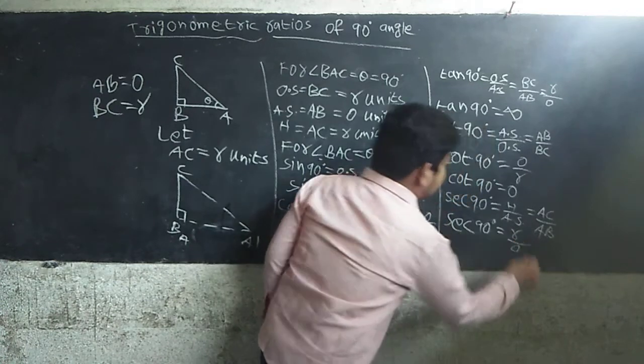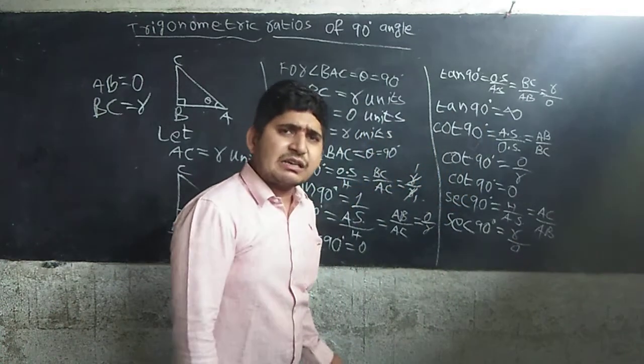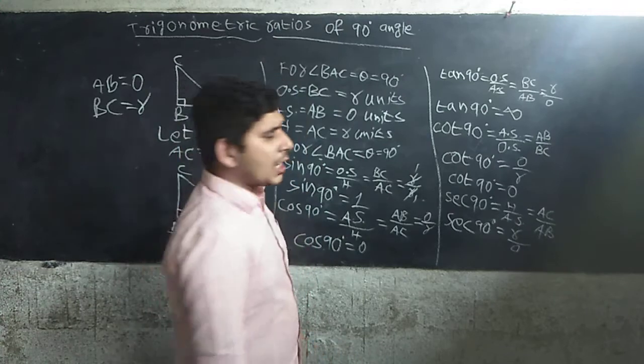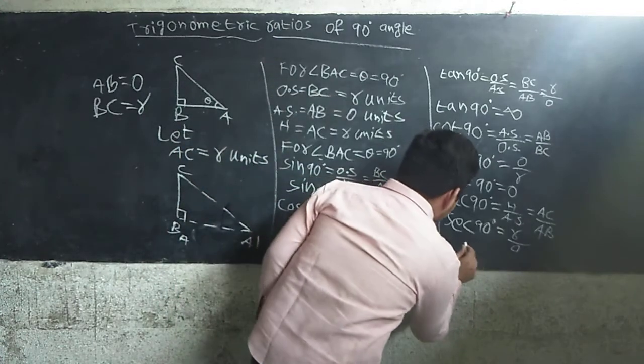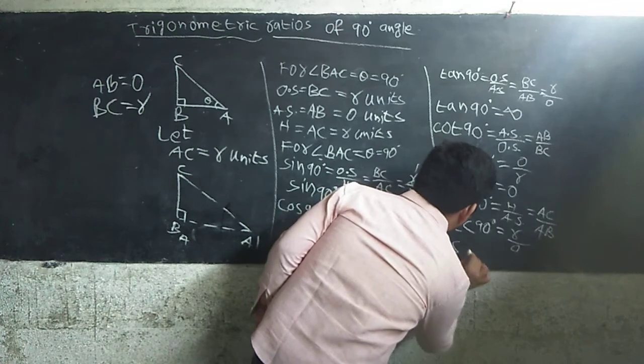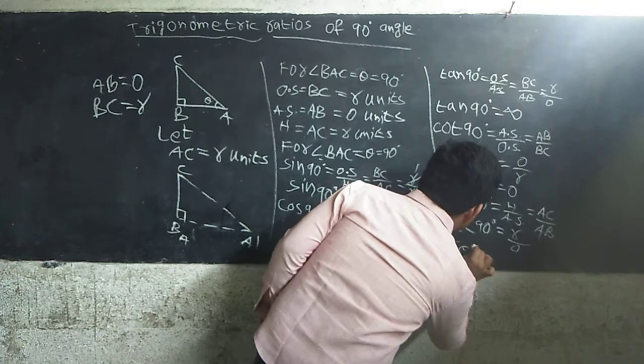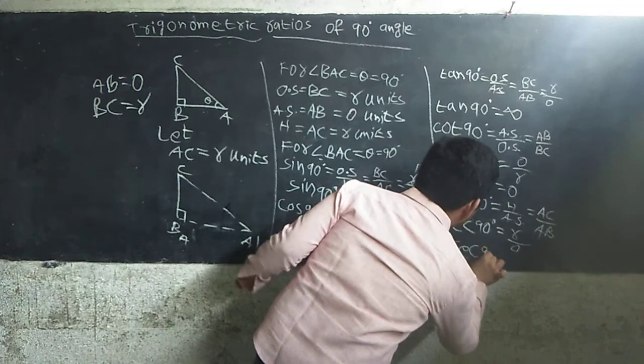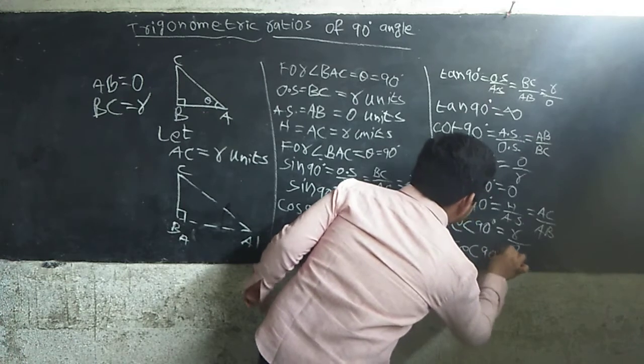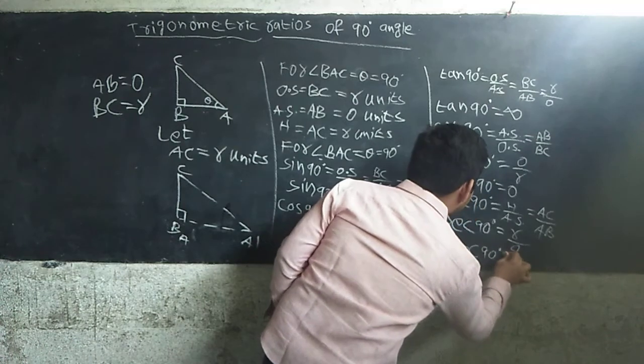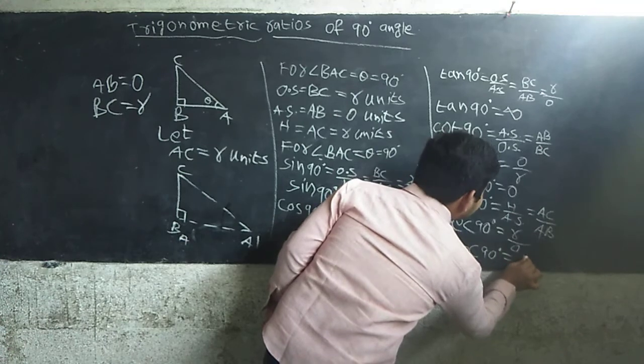Something by 0 has infinite value. So sec 90 degrees is equal to infinite.